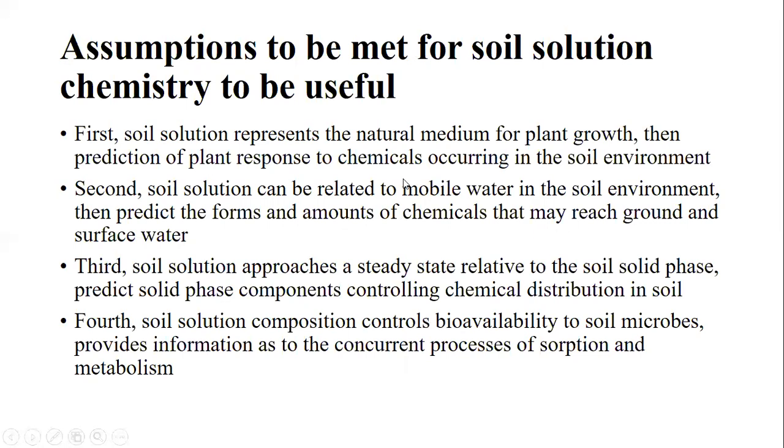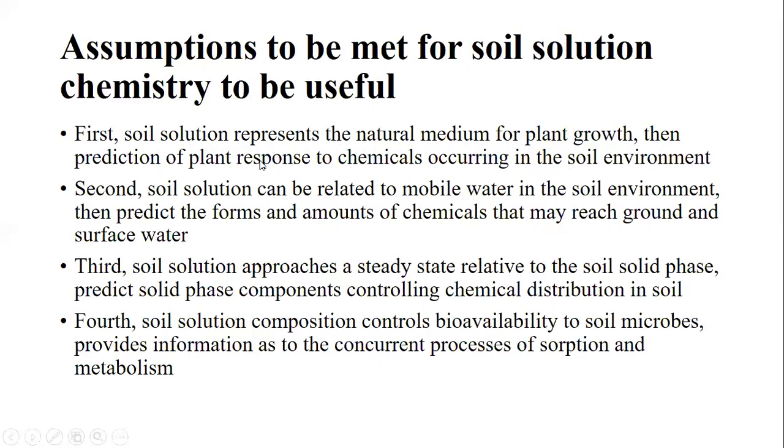Okay, assumptions to be met for soil solution chemistry to be useful. How can we utilize the chemistry of soil solution so that it's useful for us? First, soil solution represents the natural medium for plant growth. Then, prediction of plant response to chemicals occurring in the soil environment.